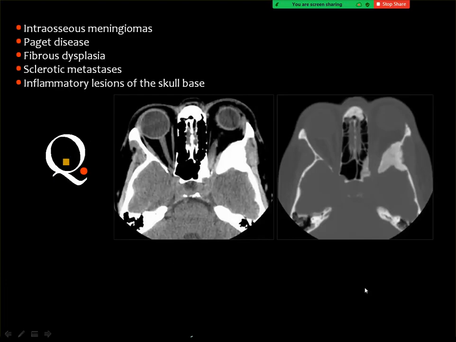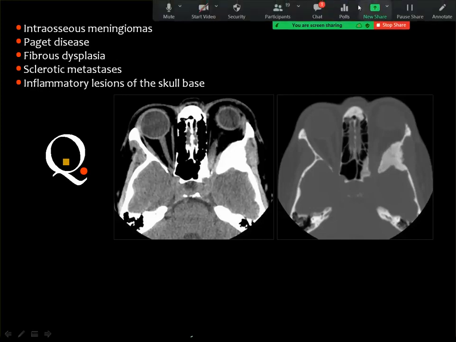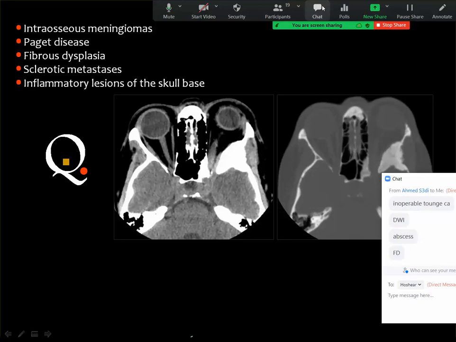Yes, this is a lesion in the greater wing of the sphenoid, and here are the diagnostic possibilities: meningioma en plaque, Paget disease, fibrous dysplasia, sclerotic metastasis, and inflammatory lesion in the skull base. Someone said that this is fibrous dysplasia. Any other possibilities? Meningioma, yes.